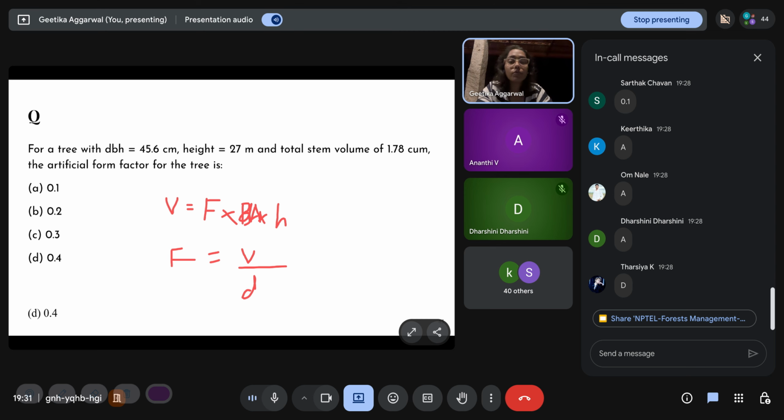Is this clear to everyone? Other people who are saying 0.1, can you redo this and check if you're getting 0.4?